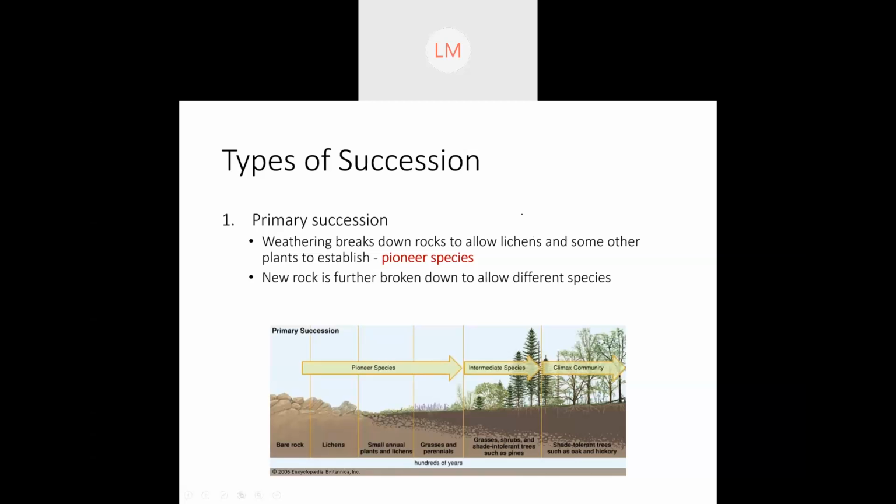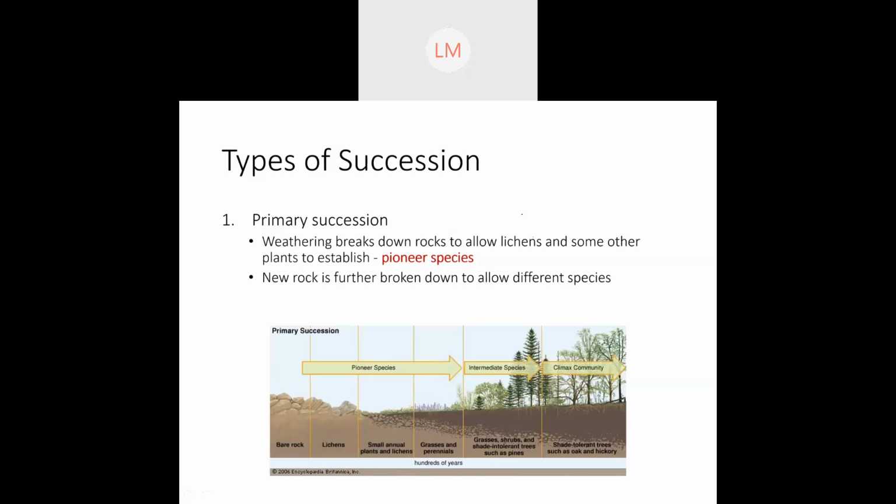Once the grasses are established and the soil is getting broken down, we can start to get some shrubs, plants that like the sun, shade intolerant, right? There's not a lot of coverage here, so we need to thrive in the sun. But once we have shade established by these other species, different types of species emerge, and we get our climax community, the final community composition seen in this habitat.